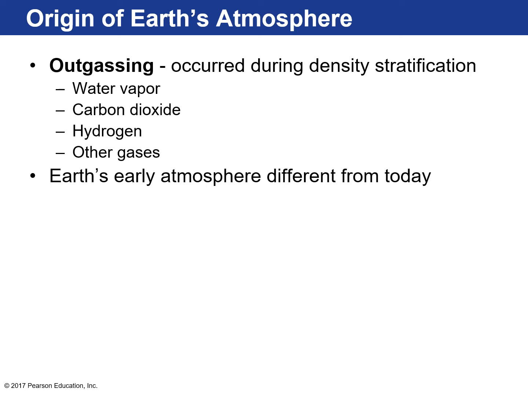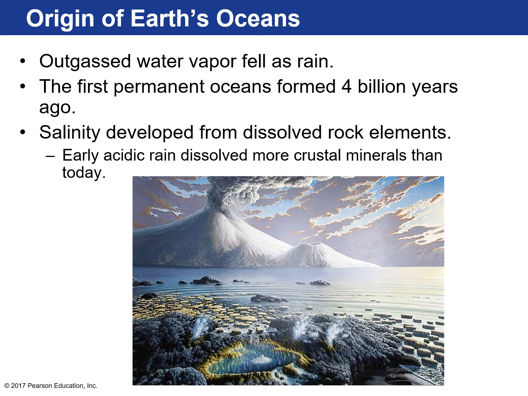This is where our atmosphere originally came from. And our early atmosphere was very different from our atmosphere today. It didn't have any free oxygen. So as these volcanic eruptions delivered gas into the atmosphere, it got caught by Earth's gravity and then kind of trapped there.